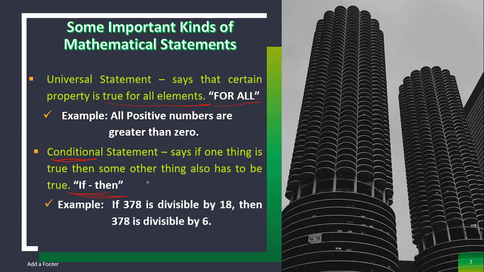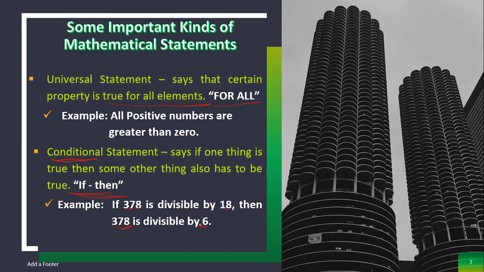Say for example, if 378 is divisible by 18, then 378 is divisible by 6. So if one thing is true, 378 is divisible by 18, and you divide 378 by 18, you will get a quotient which is a whole number, then 378 is also divisible by 6.